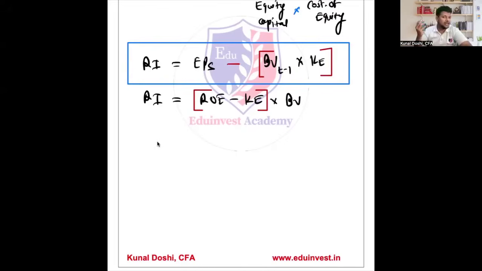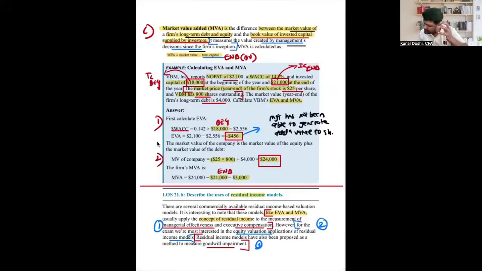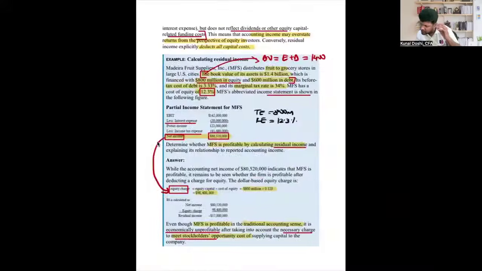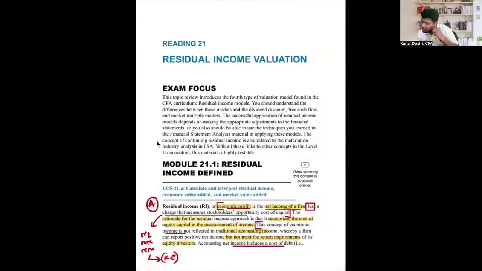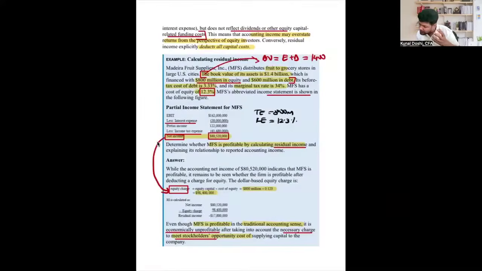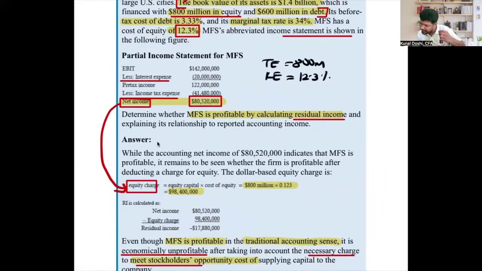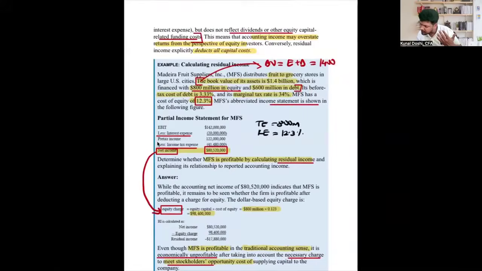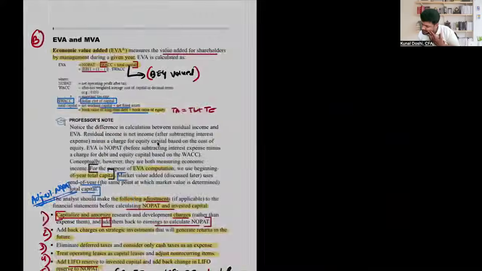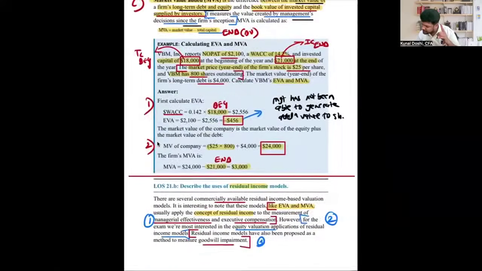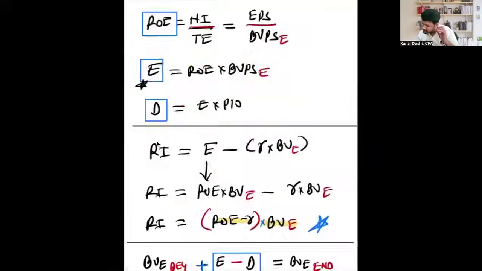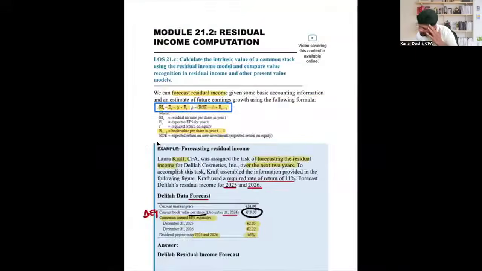Here, which book value should I take? Should I take the beginning or ending? I think we should take the ending, right? I made a mistake here. In the residual income, in the MVA and EVA, we take the beginning value. Here we take the current book value, the ending book value. Let me confirm that. Like EVA and MVA, I think we take the ending value.